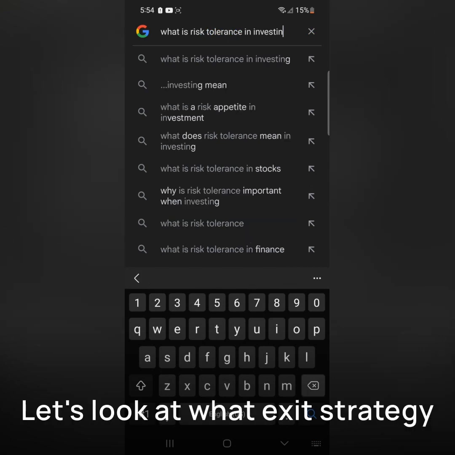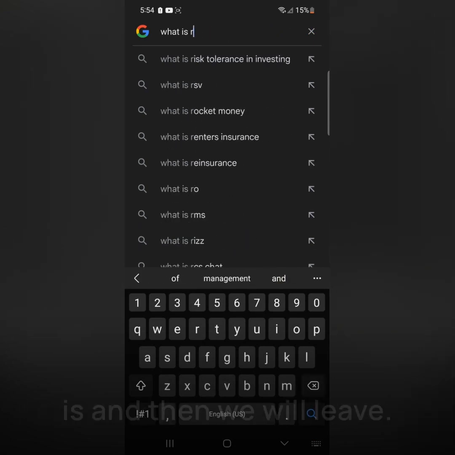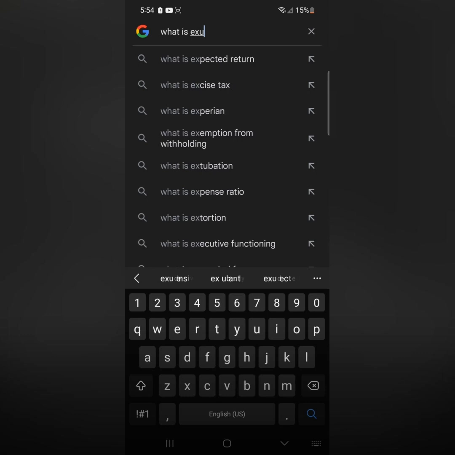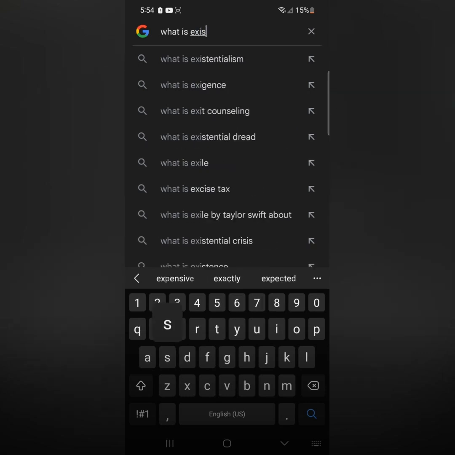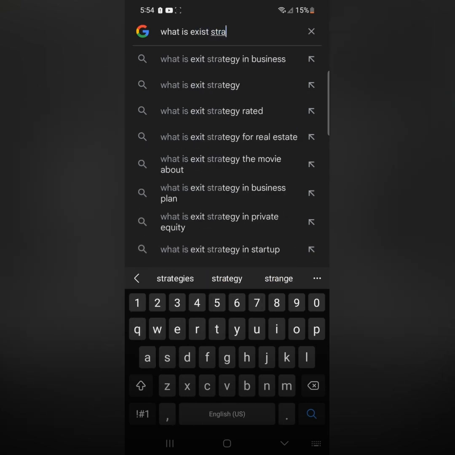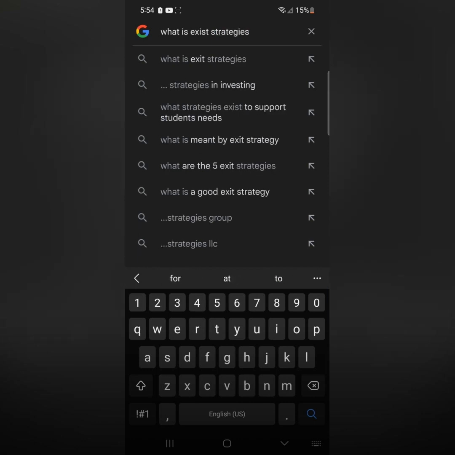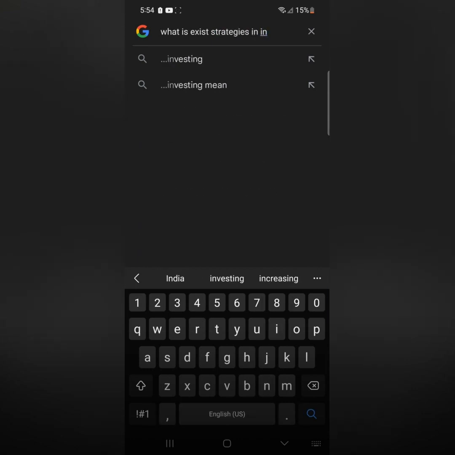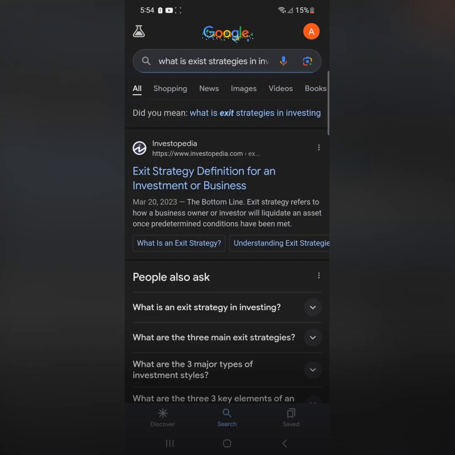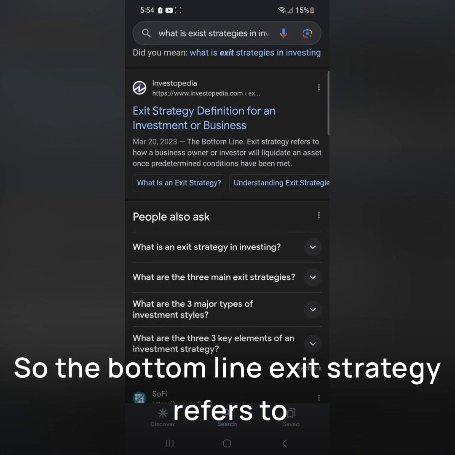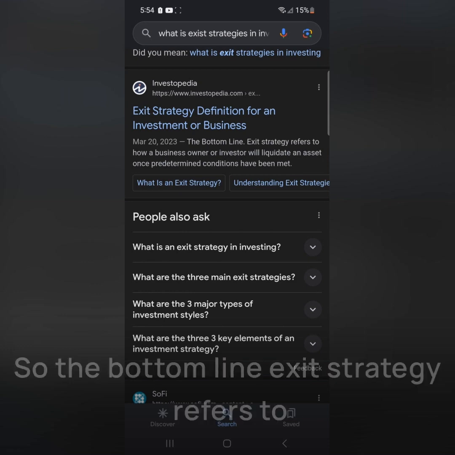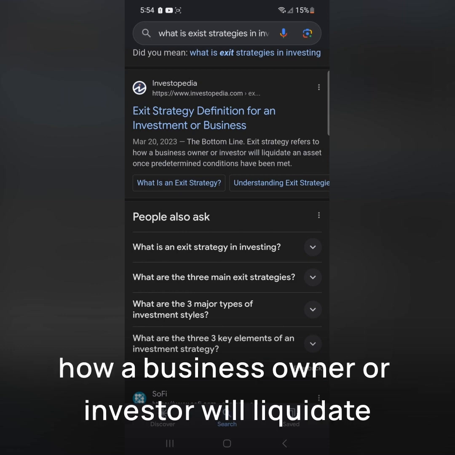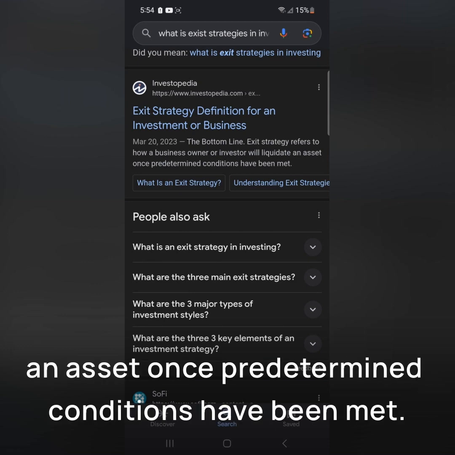Let's look at what exit strategy is, and then we will leave. What is exit strategy in investing? So the bottom line, exit strategy refers to how a business owner or investor will liquidate an asset once predetermined conditions have been met.